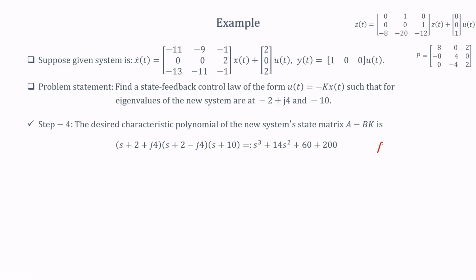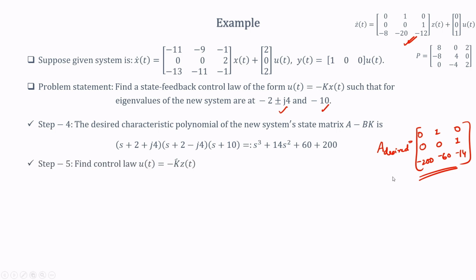Now, notice that right now the matrix is looking like this, but I want the matrix to look something like this. If the matrix looks like this, I will know that the eigenvalues have been placed at these points.